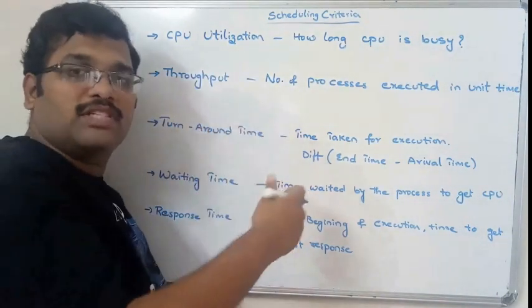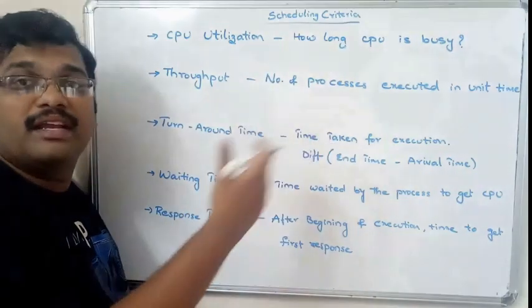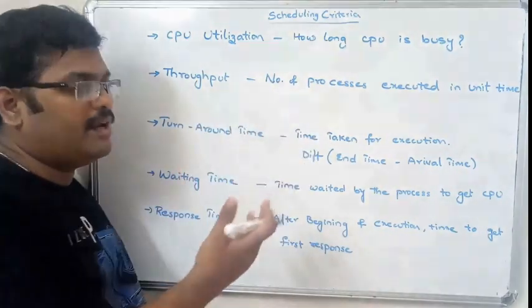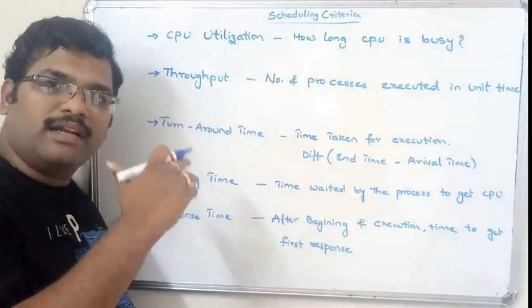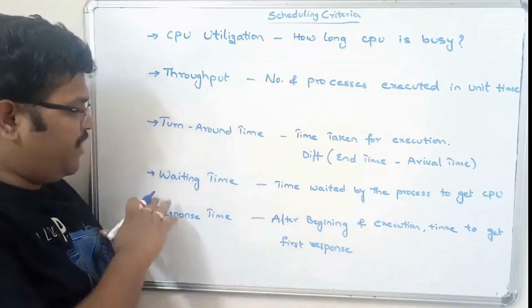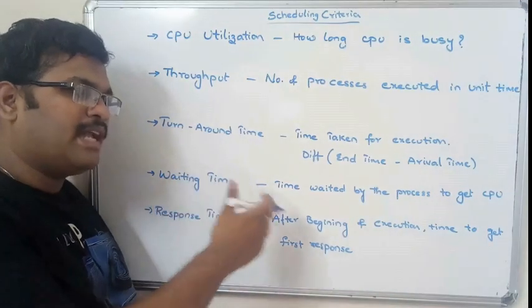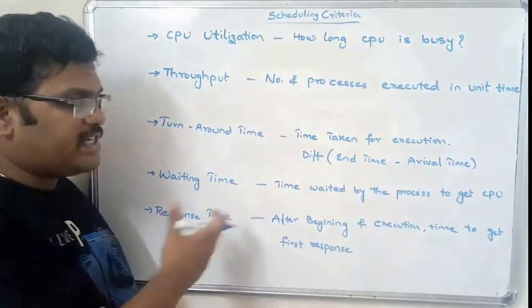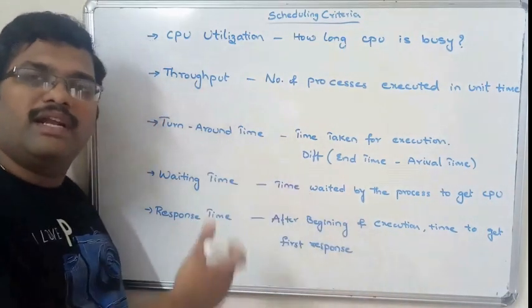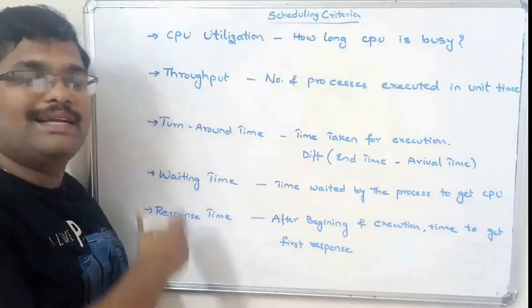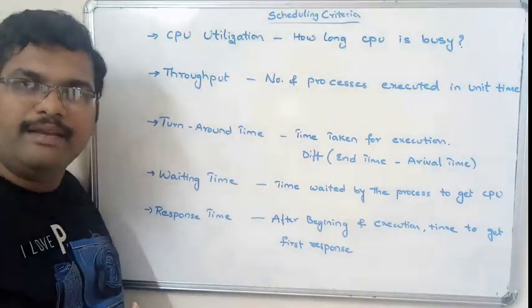Throughput means the number of processes executed in a given time period, at a unit time. Turnaround time is the time taken for execution, that means the difference of completion time and arrival time. Waiting time means time waited by the process to get the CPU. Response time is the time, after beginning of execution, to get the first response from the CPU. So all these are the different scheduling criteria.